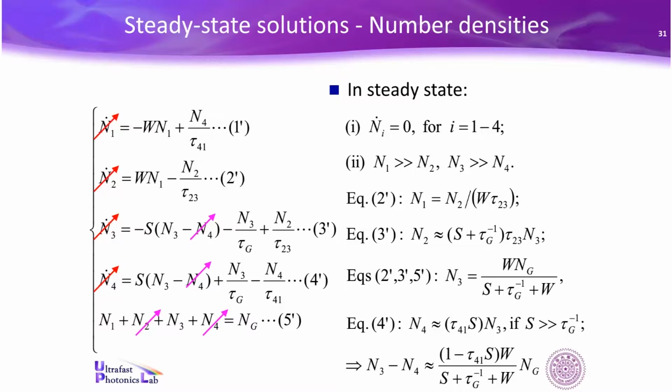Because we are talking about lasers, and the central transition of our interest is the laser transition, which is the transition from level 3 to level 4. So this is the so-called population inversion.